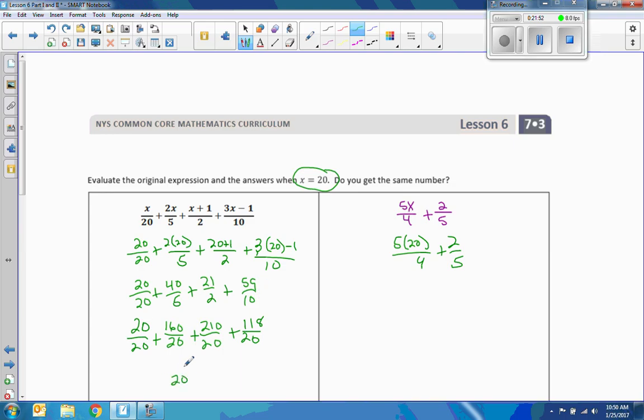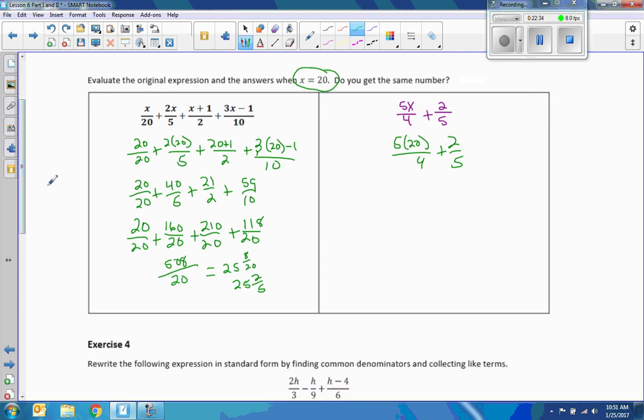Okay. So now I'm going to combine all of these and get 160 plus 20 is 180, plus 210 is 390, 490, 508. 508 over 20, which equals, 20 will go into 50 2 times, which is remainder 10, yes, and 20 will go into 108 5 times, with a remainder of 8, which is 8 over 20, which reduces to 2/5. 25 2/5.